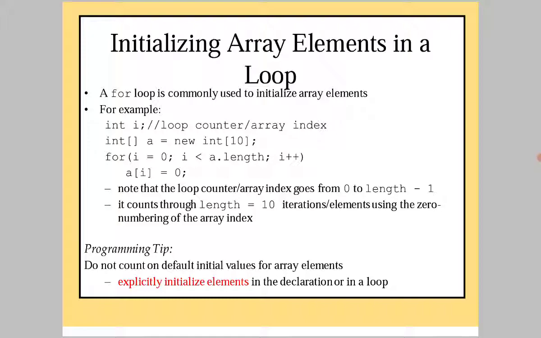In a matrix notation we have rows and columns, so to create a two-dimensional array we use two subscripts or index values. The first is rows, and the second is columns. So for example, int a of 3 comma 3.